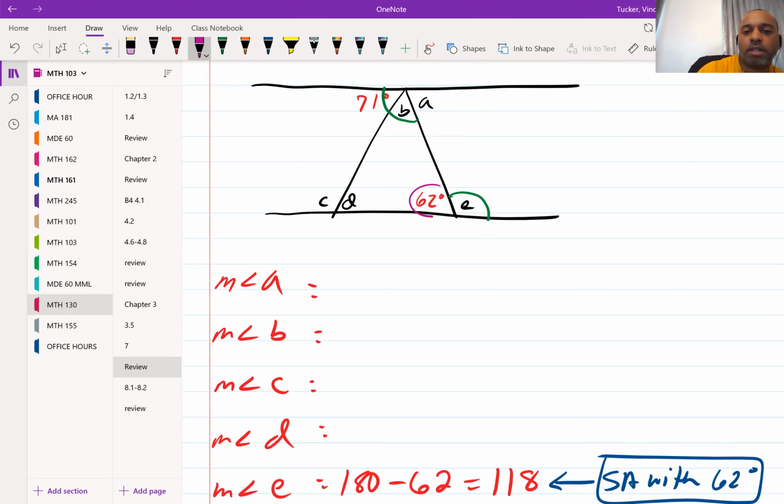You said alternate interior, so on the other side of this line, on the other side of the transversal, 62 and A are the angles that are equal. So the 62 is what A is going to be equal to.